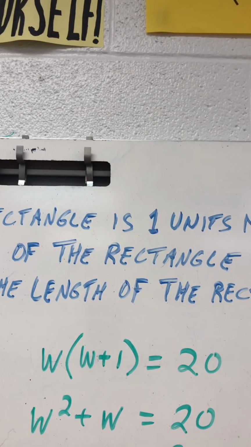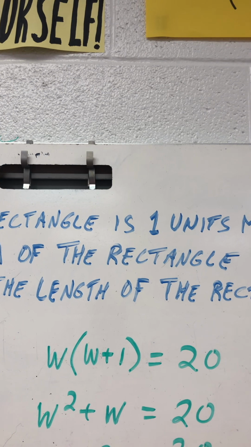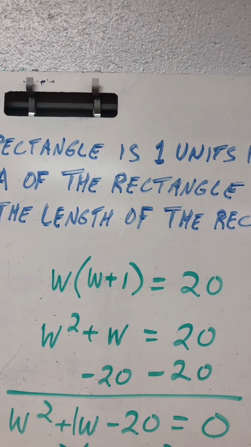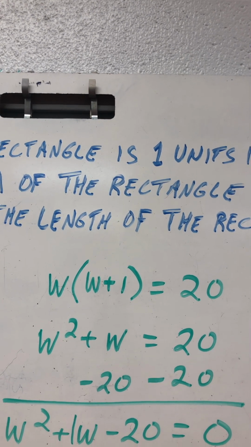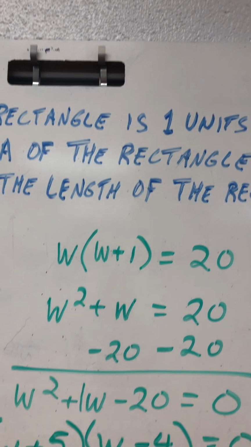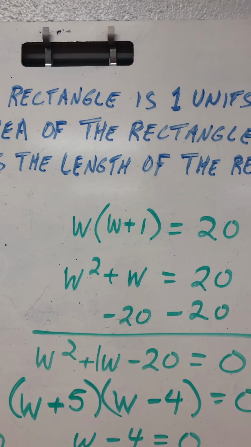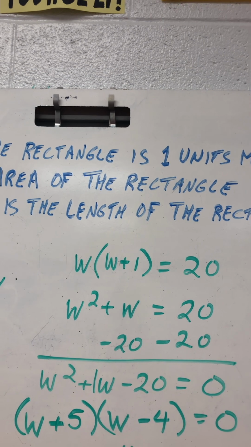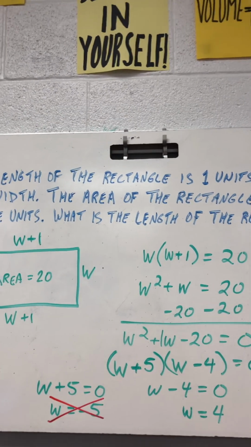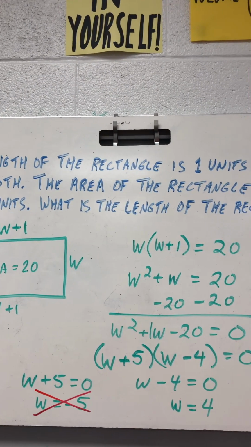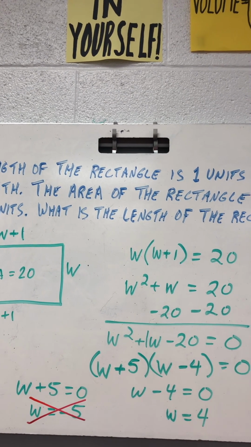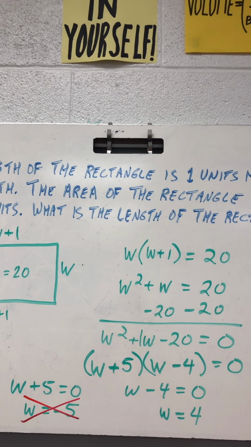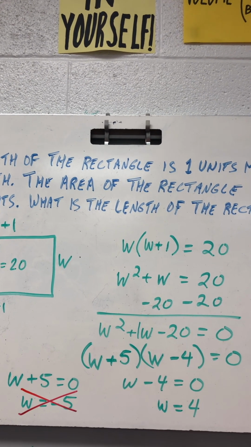Distribute the W. W squared plus W equals 20. I'm going to minus 20 to both sides and get W squared plus 1W minus 20 equals 0. W plus 5 times W minus 4 equals 0. I'm going to split it up and say W plus 5 equals 0, W minus 4 equals 0. So W equals negative 5, W equals 4. Get rid of the negative answer.